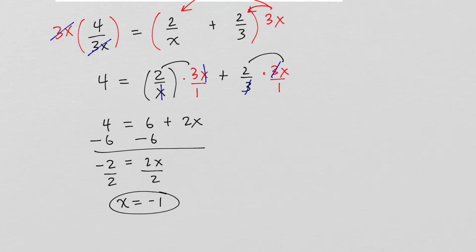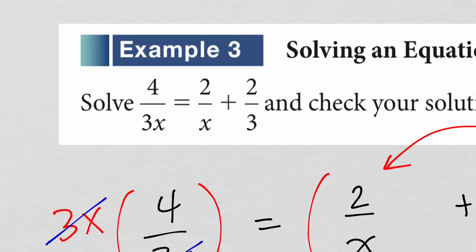Now, when you have a rational equation, make sure you check your answers. Because one thing that you can't do when you have variables in the denominator is you cannot divide by 0. So as long as your answer doesn't create division by 0, then we should be fine. So let's remember that our answer here was x equals -1. If I plug that into here, notice that I'm not dividing by 0.